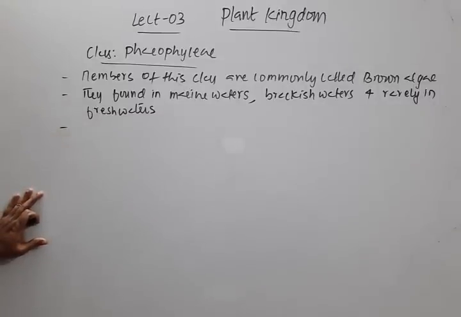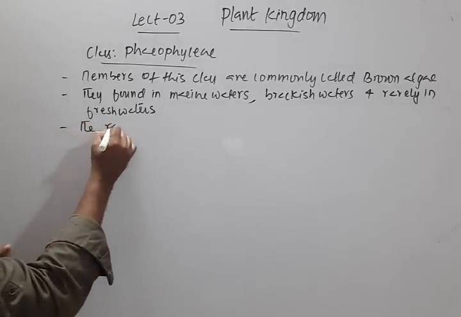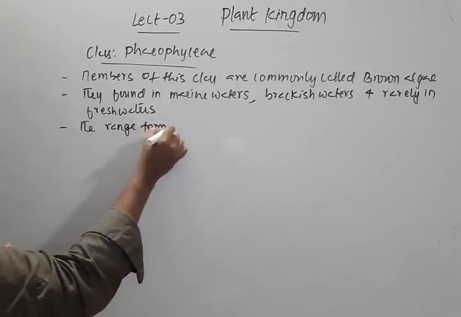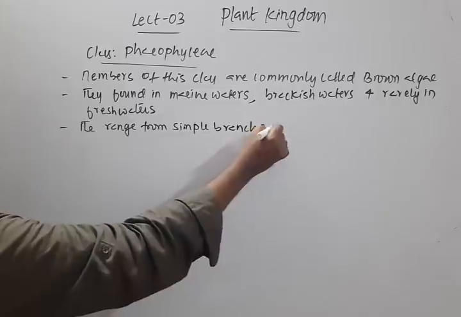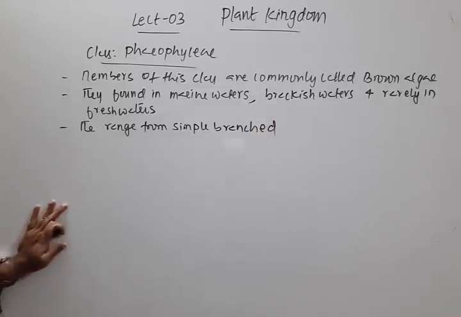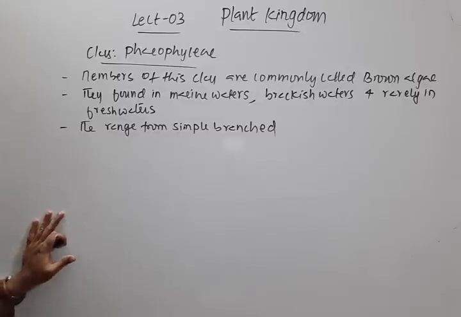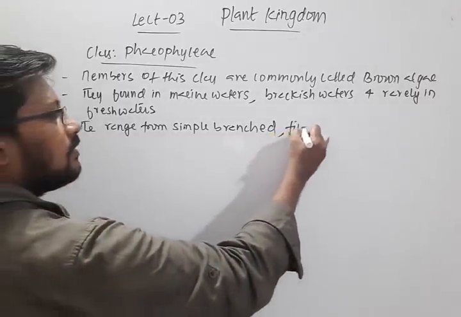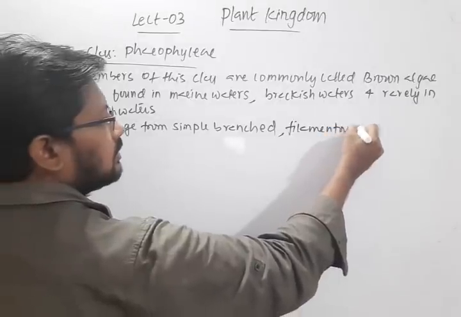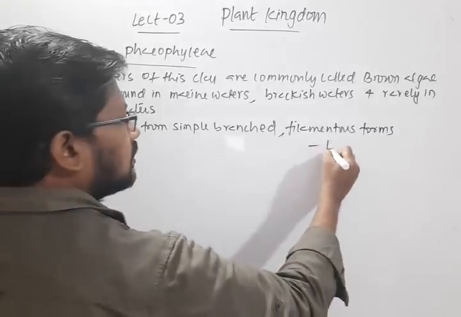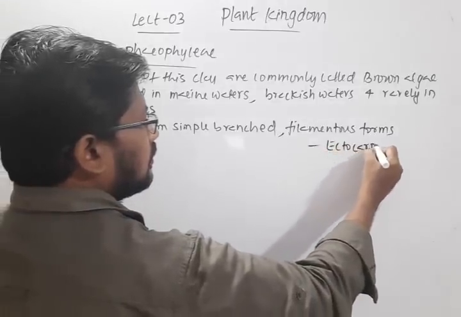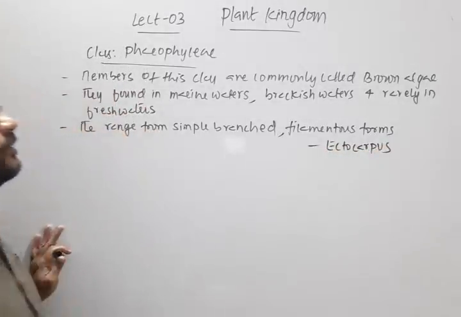The next one: they range from simple branched and filamentous forms, like Ectocarpus, to profusely branched structures called kelps.